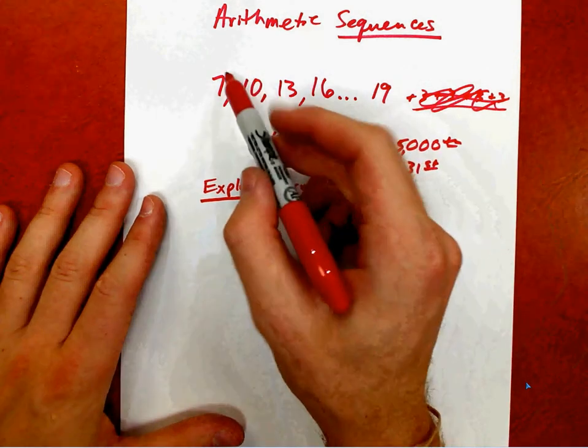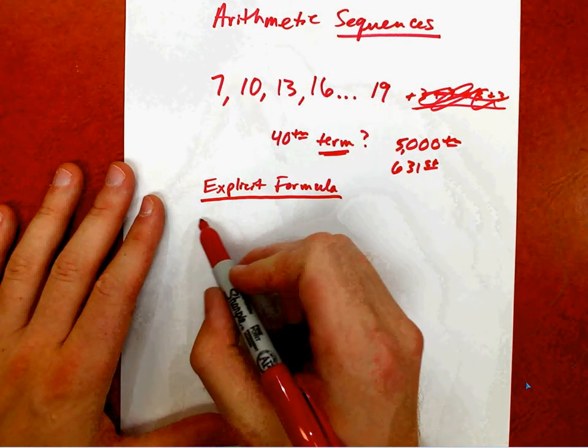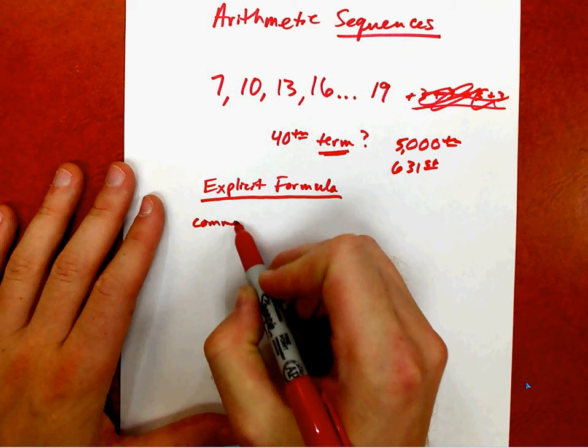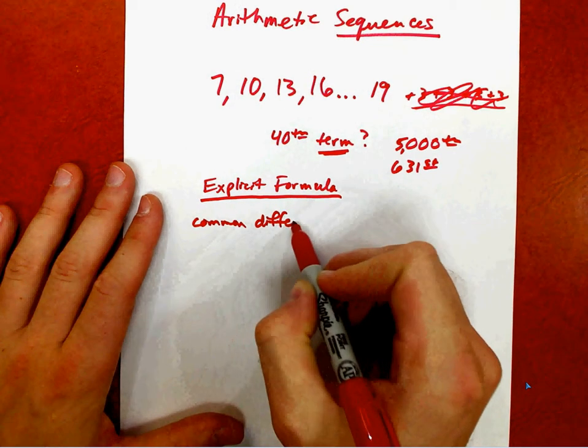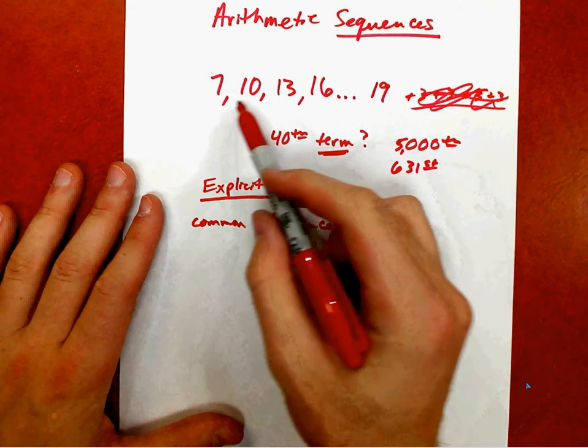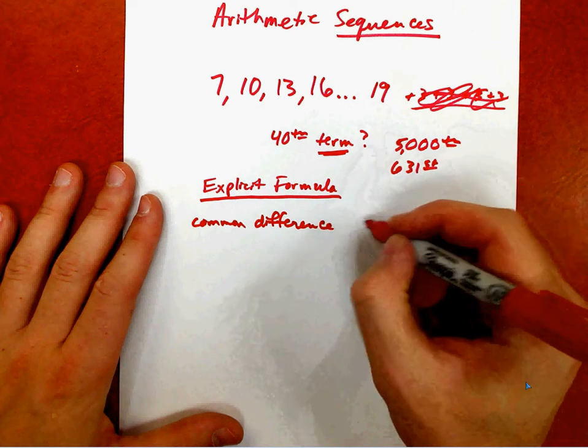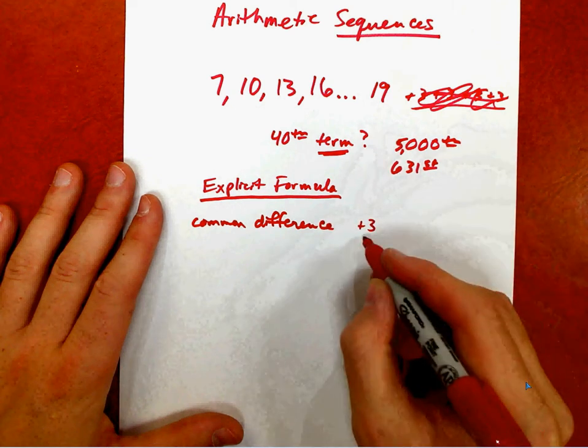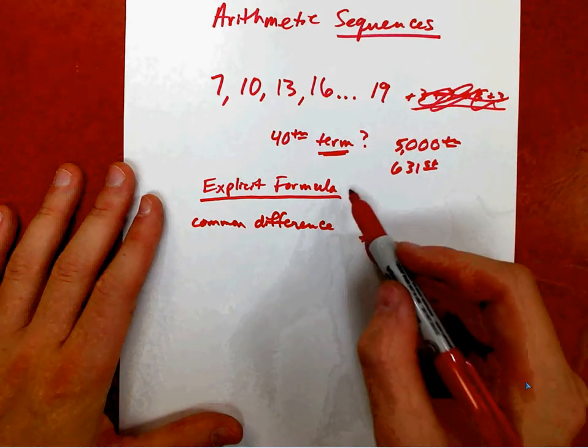As you already noticed, it appears that the common difference of this particular sequence is 3. That's going to help us write an explicit formula.